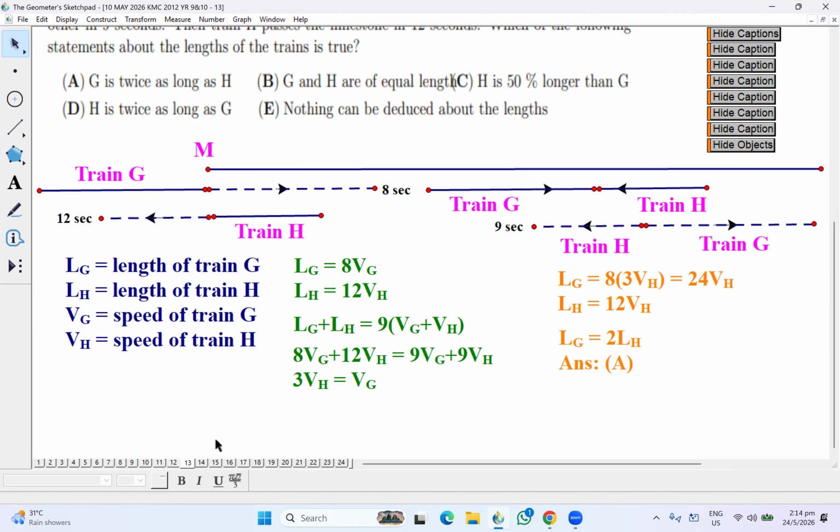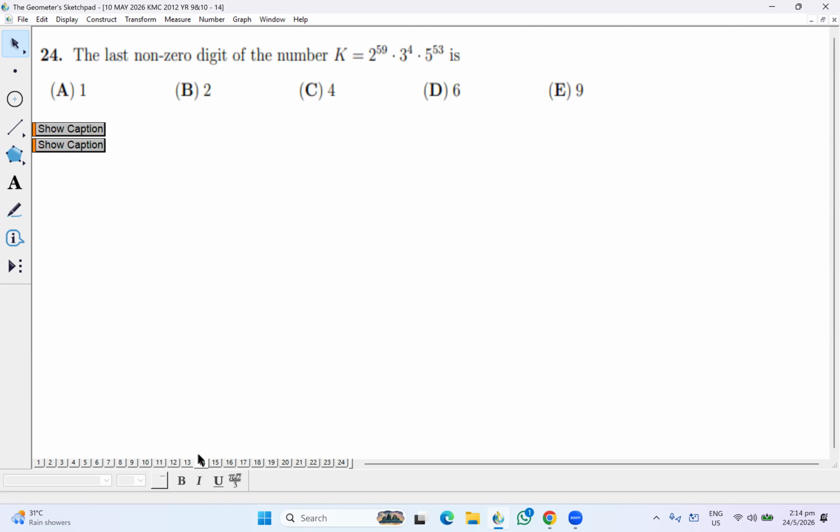Okay, next question. The last non-zero digit of the number. This number has a lot of 0s at the end because of 2 times 5, 10.